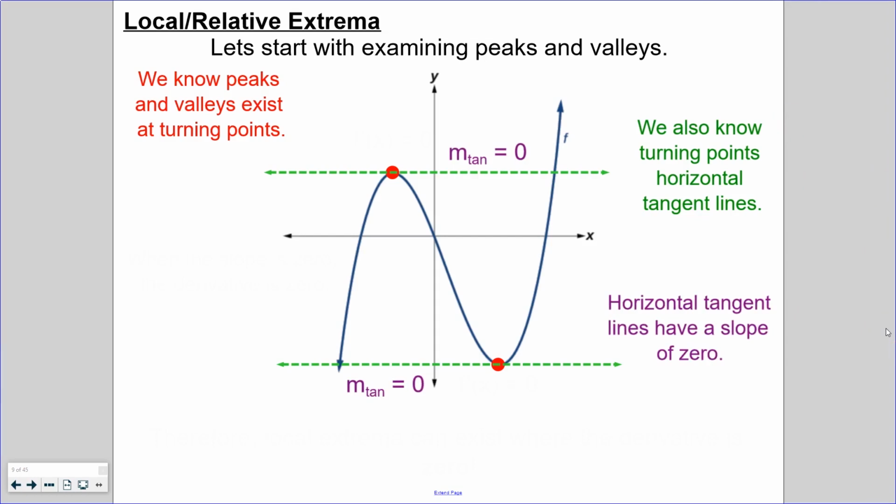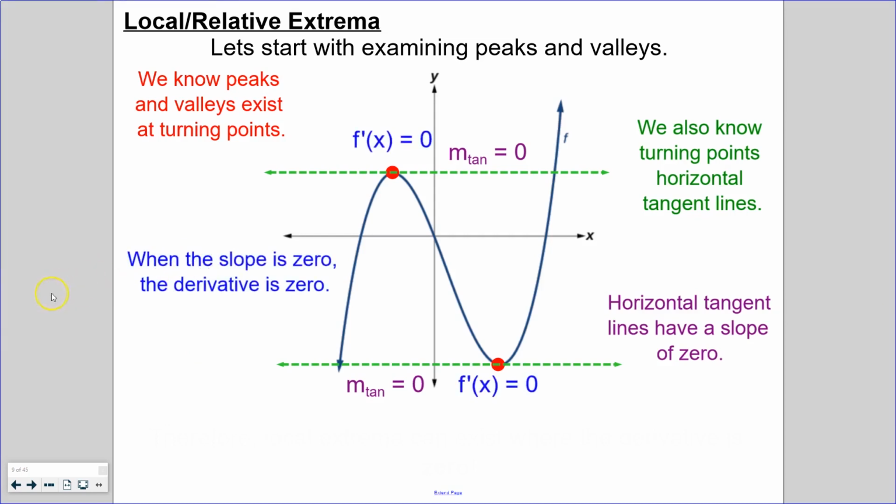So therefore the slope of all these tangent lines is 0. And now slope should be setting off a bunch of alarm bells in our heads, because we've been talking about slope for a couple weeks now, and we were supposed to make the connection that slope is rate of change is, ta-da, the derivative. So since horizontal tangent lines have a slope equal to 0, at these points the derivative will also equal 0.